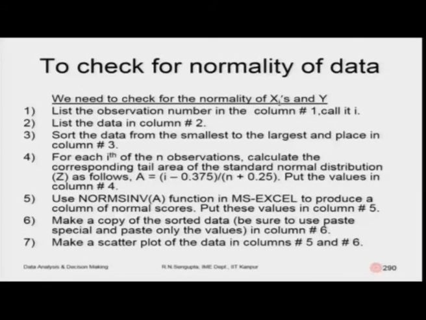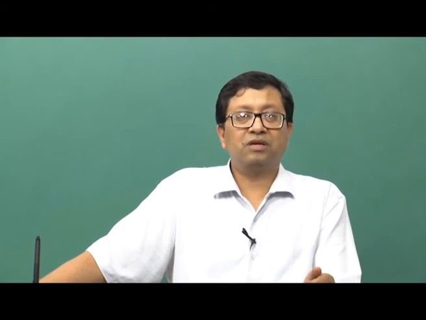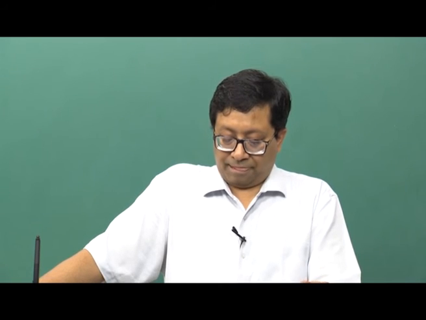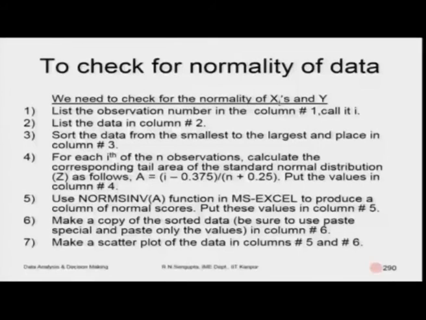As you rank them, you find out the probability, and your main essence is trying to plot it. For each ith of these n observations, calculate the corresponding tail area, which is the overall area of coverage from the probability perspective from minus infinity to that point. So you are trying to integrate, but in this case as integration is not possible, you sum them up. They are not discrete points, I should not use the word discrete; the number of points is limited, you are forming a sample.